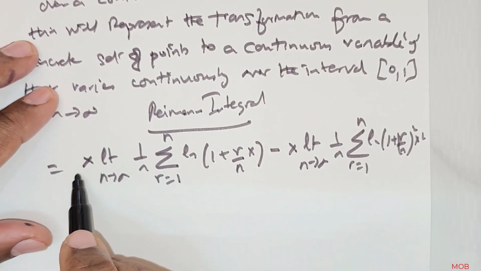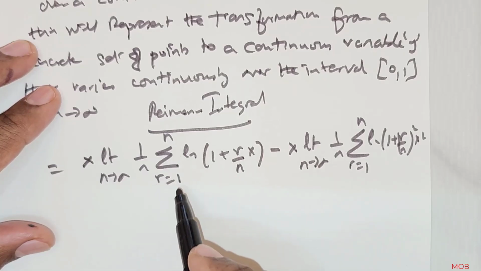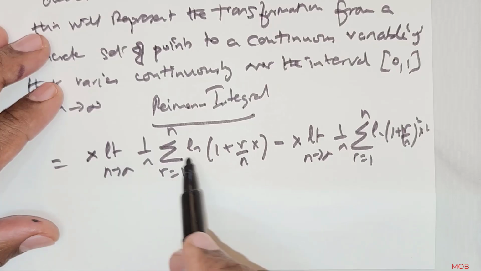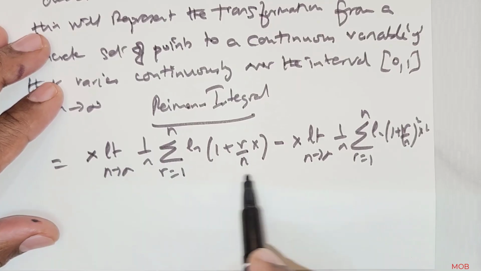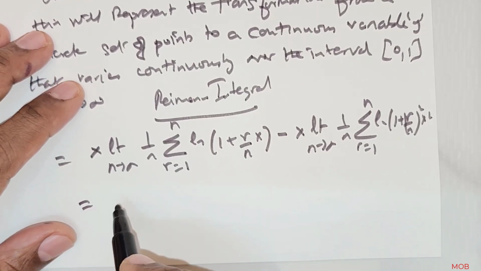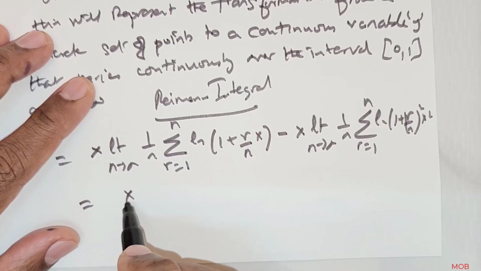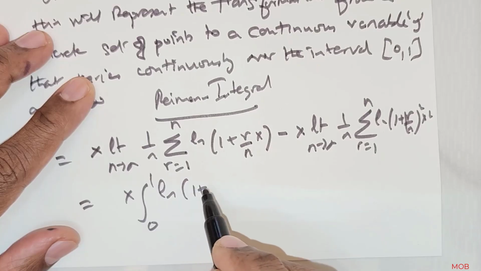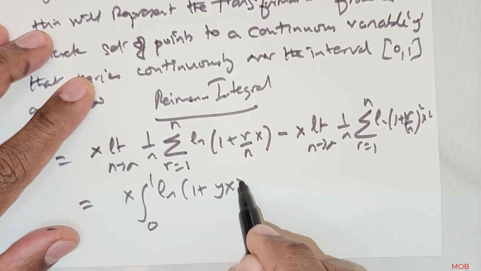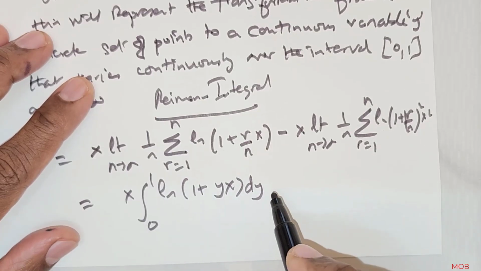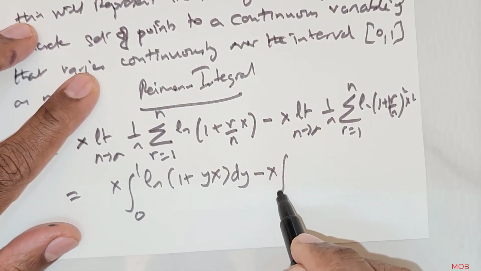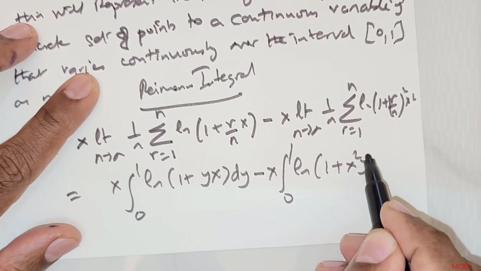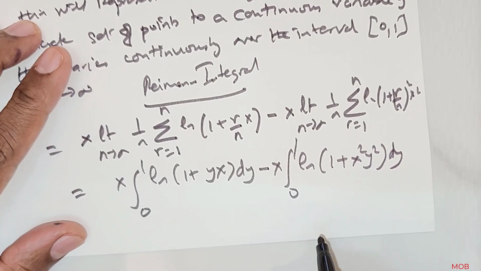Because x is totally independent of the running variable, we don't need to include it in the sum. So this representation is rewritten as x times integral 0 to 1 ln of 1 plus y times x, multiplied with dy, followed by negative x integral 0 to 1 ln of 1 plus x squared y squared multiplied by dy.